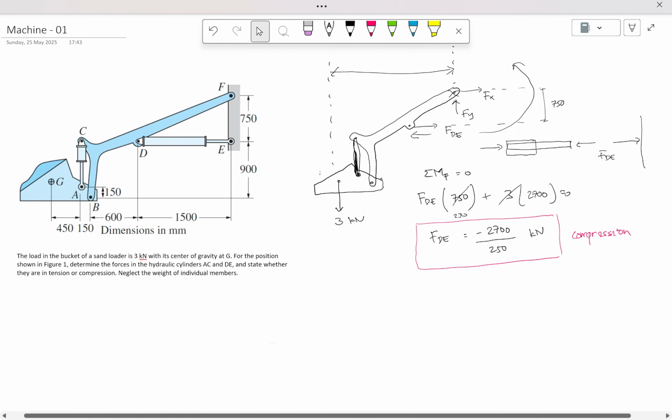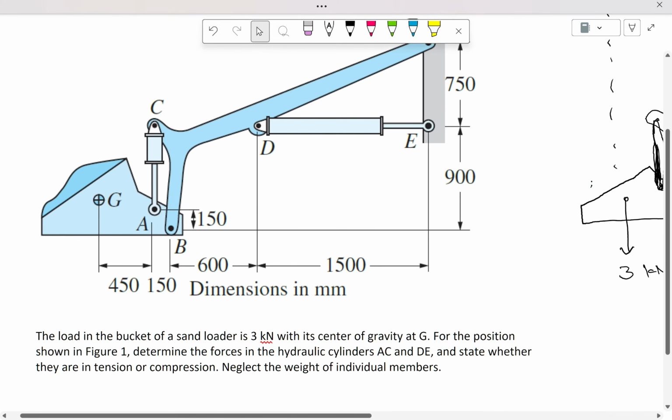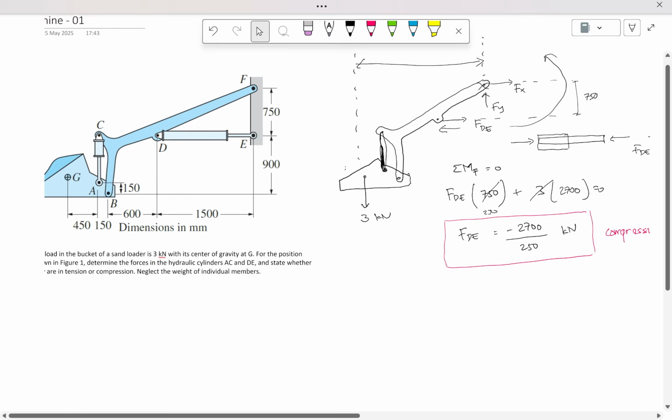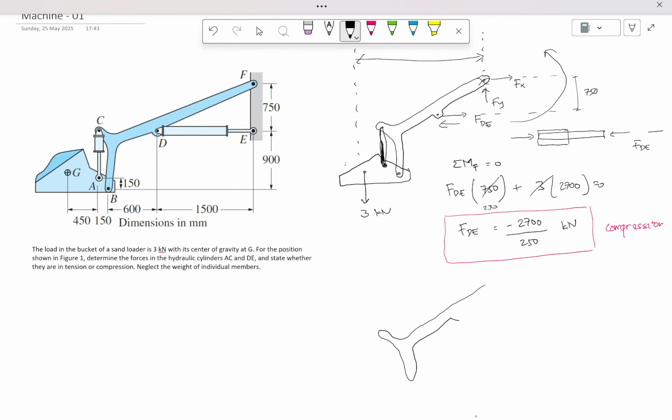The next question is AC. So take a look at this AC. If you evaluate this, let's draw it like this. Here you have Fx and Fy, which you can find from the previous one. If you solve sigma Fy equals 0 and sigma Fx equals 0, you can find them. Then you have FDE, which is already obtained.